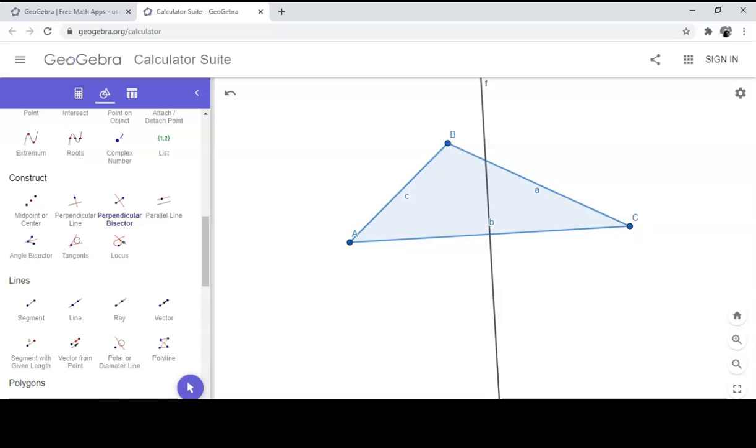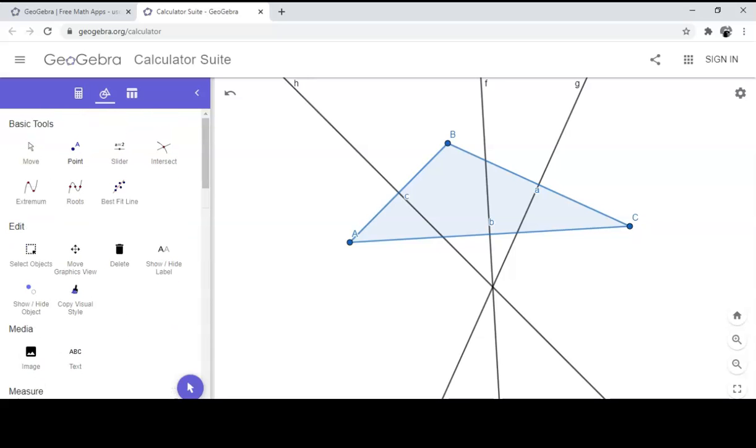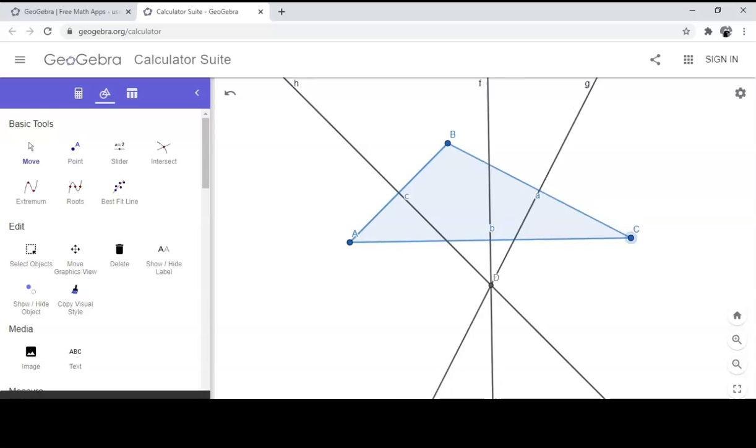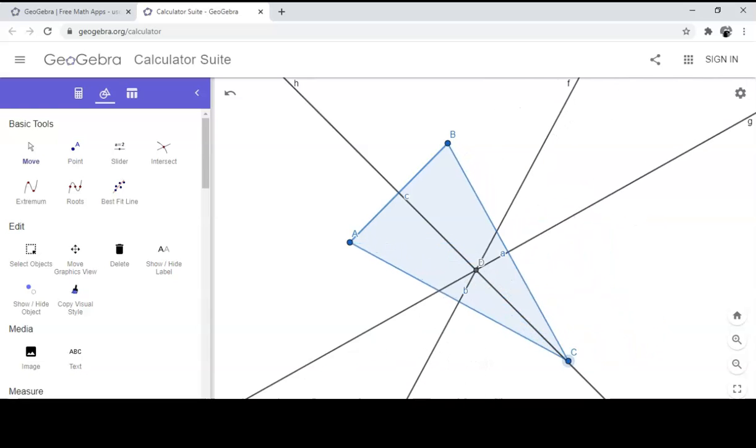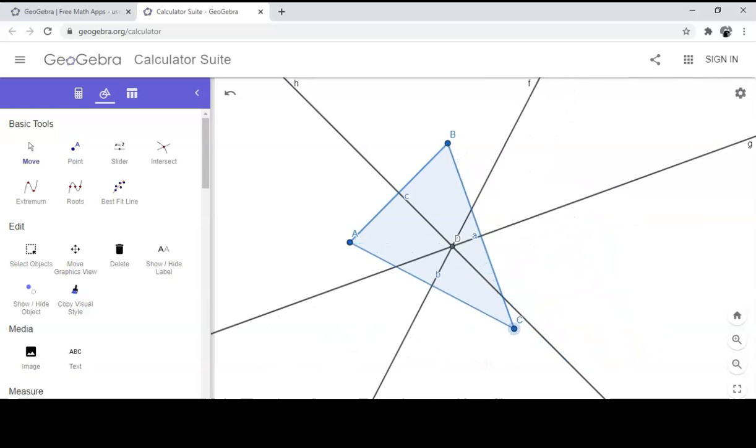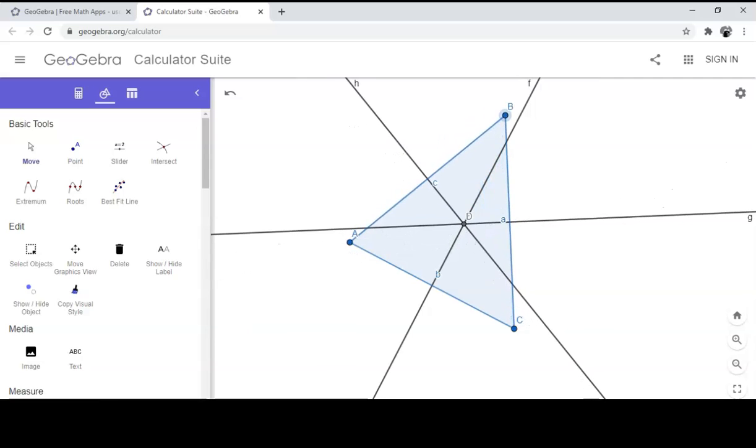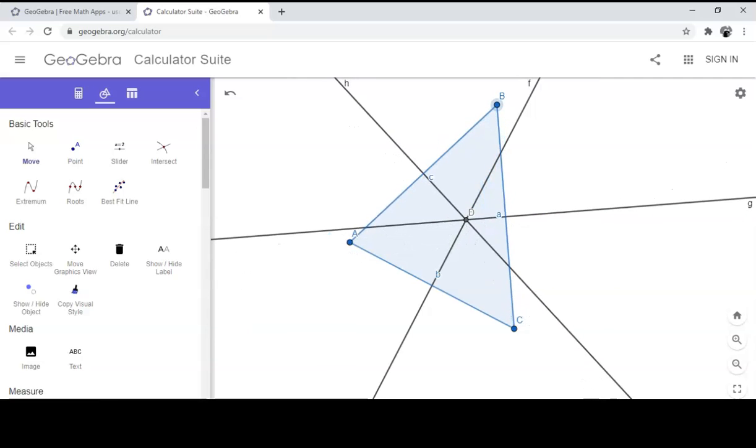So I've got one on AC, perpendicular bisector on BC, and perpendicular bisector on AB. Now, make a note here that these 3 lines intersect. I'm going to change up my triangle a little bit here. All right, so notice that they intersect.